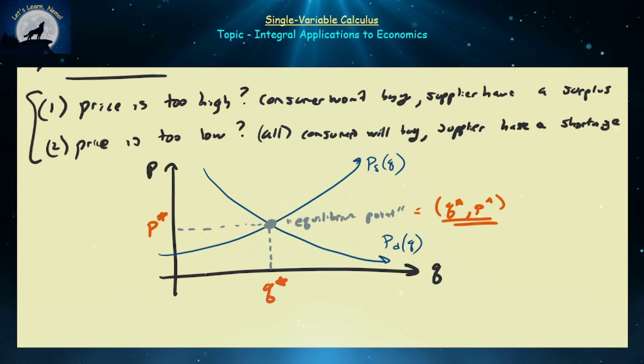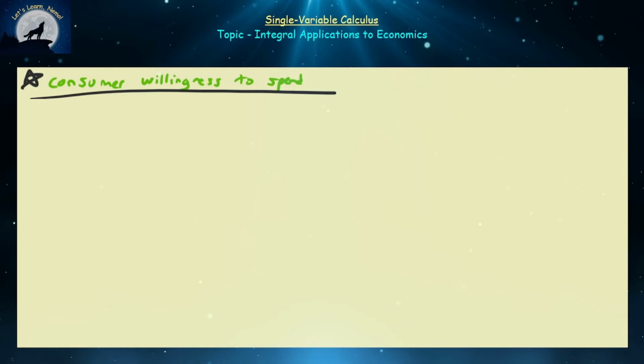Also keep in mind, these curves usually also depend on time, so these curves usually shift over the course of time. So usually these aren't fixed quantities with respect to time, they usually change. But let's assume that this is going to be true for a particular fixed time, or stays the same for all time t. The next concept that I want to introduce is what we call the consumer willingness to spend.